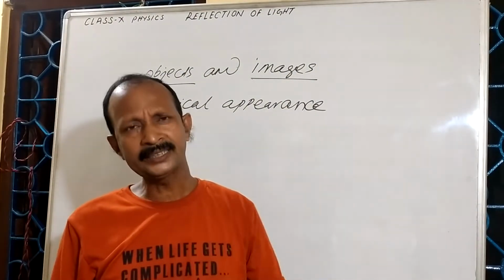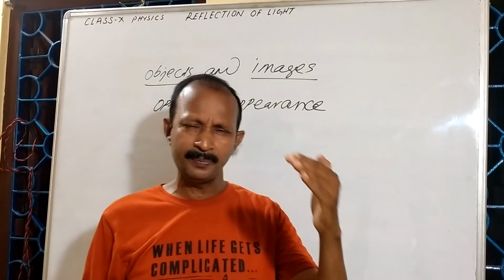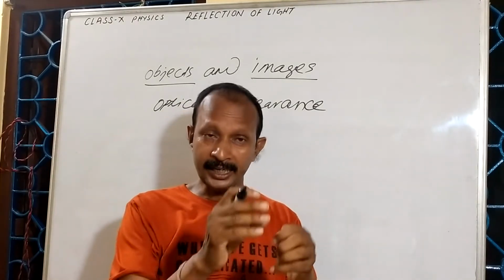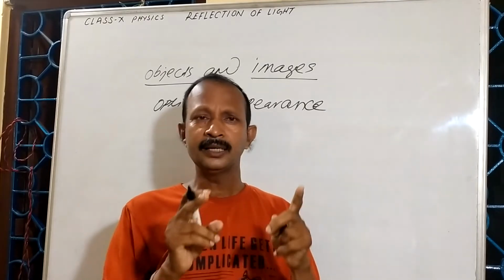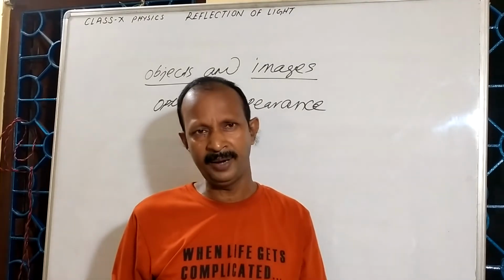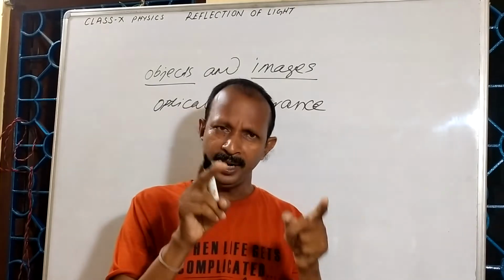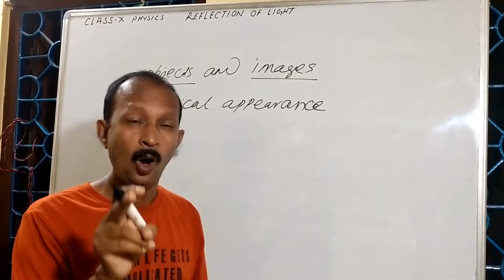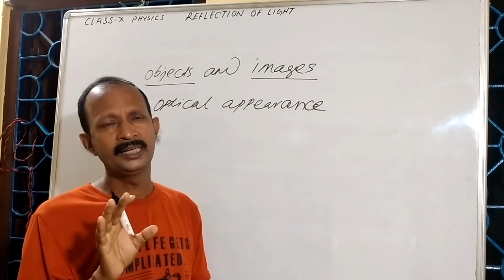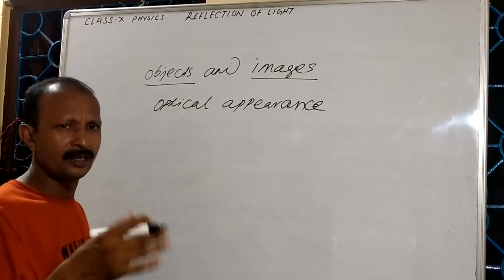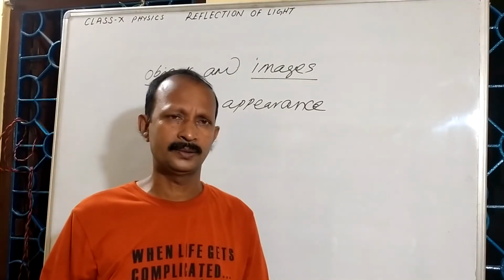When light coming from a source falls on the surface of the object, and if it reflects like a smooth surface where regular reflection takes place, if the reflected light rays either meet or appear to meet, then the formation of image takes place.